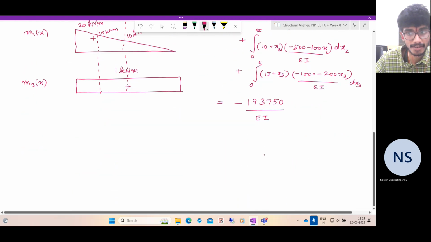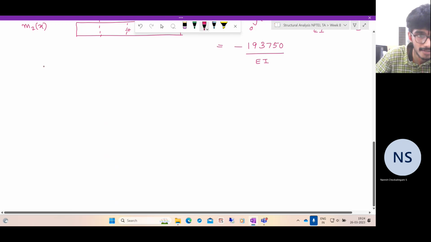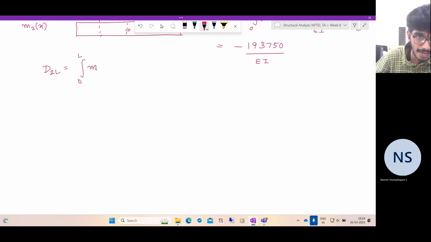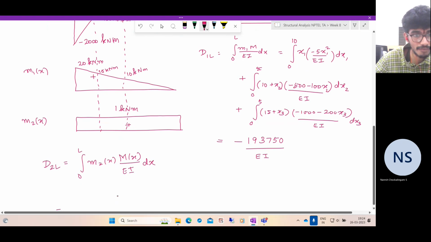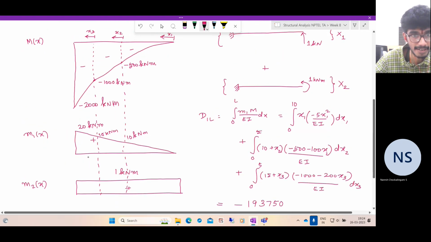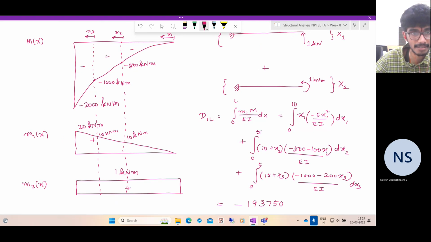What is D2L? D2L is the integral 0 to L of m2 of x times m of x by EI dx. Here m2 of x is a constant, which is 1 kilonewton meter, so what we get is the area under the bending moment diagram.